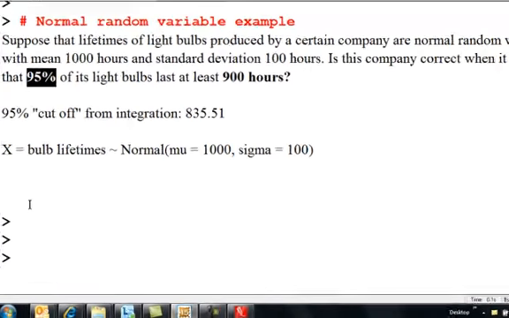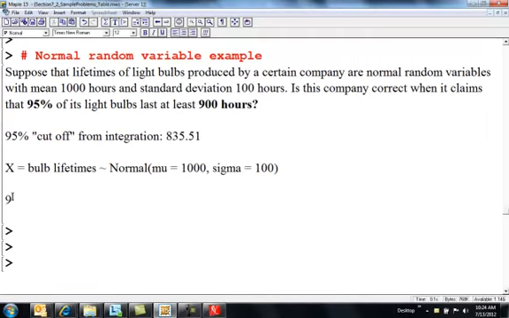So the 95% cutoff on the Z plot is negative 1.645. So if we want to find the cutoff, we go 1.645 standard deviations to the left.